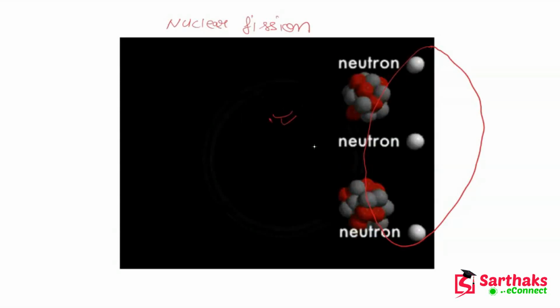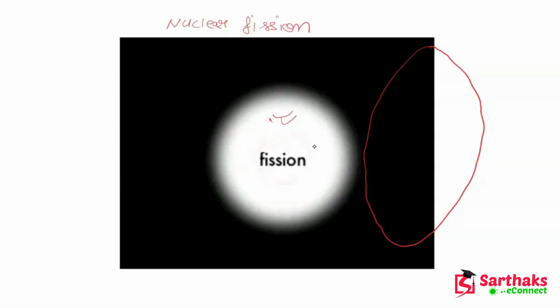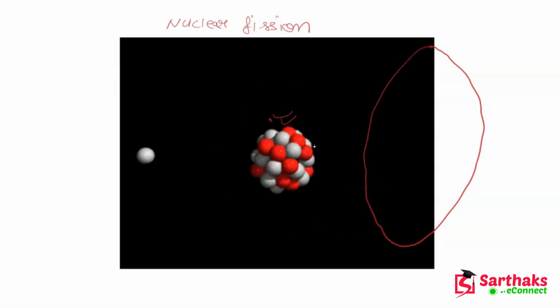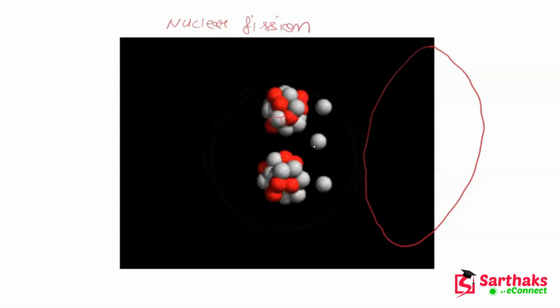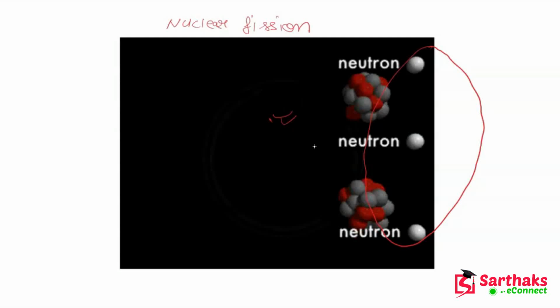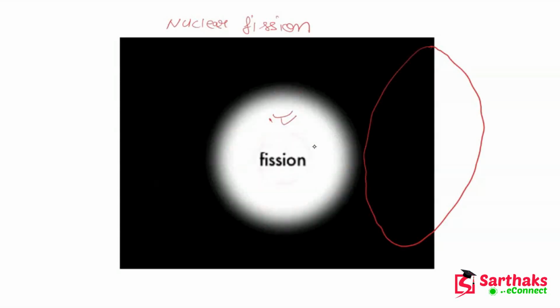Okay, but this reaction is uncontrollable. You can see that when this neutron bombards this nucleus, 3 more neutrons are released. Now these 3 neutrons will again continue this reaction, and this reaction will become uncontrollable.